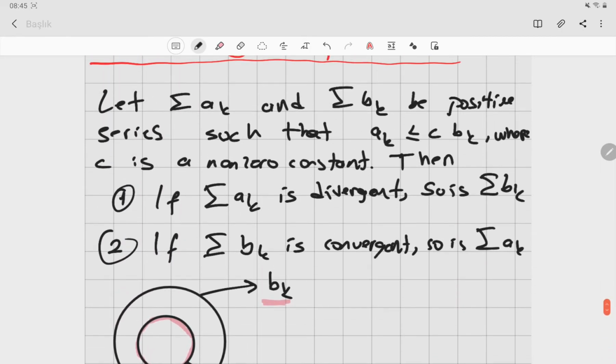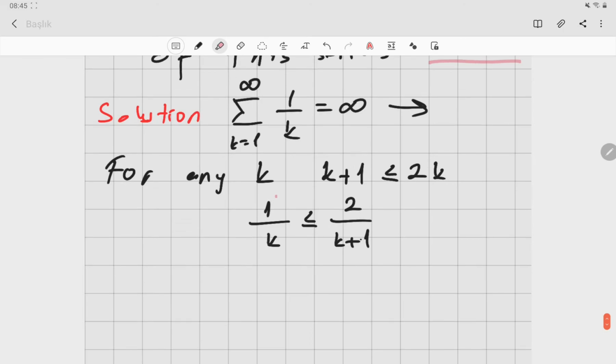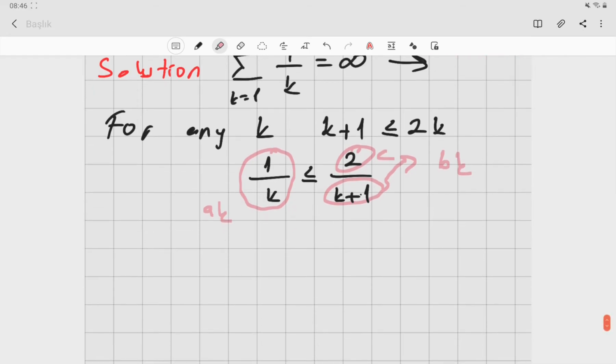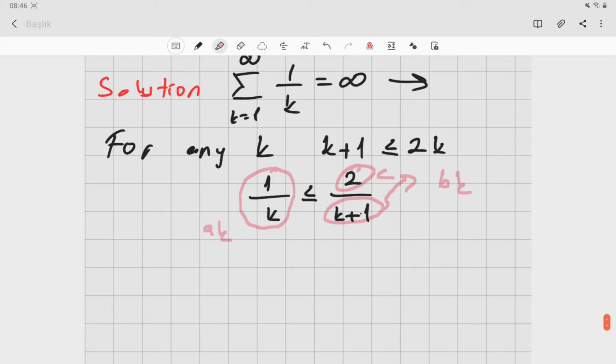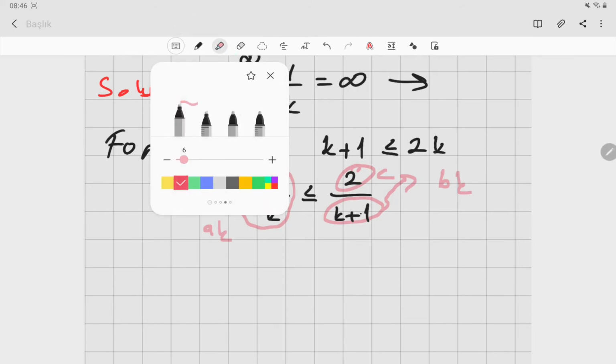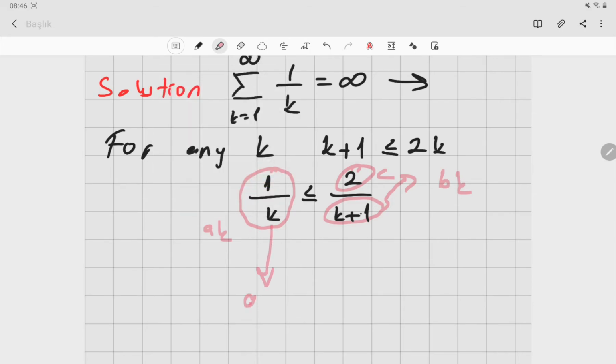Let's see the comparison tests. For any k, this inequality must hold, and here ak, here c, and here bk. So we may work comparison tests. I mean, we know the small part is already infinity.